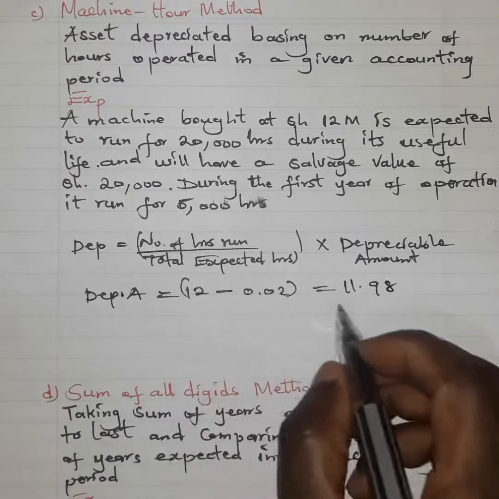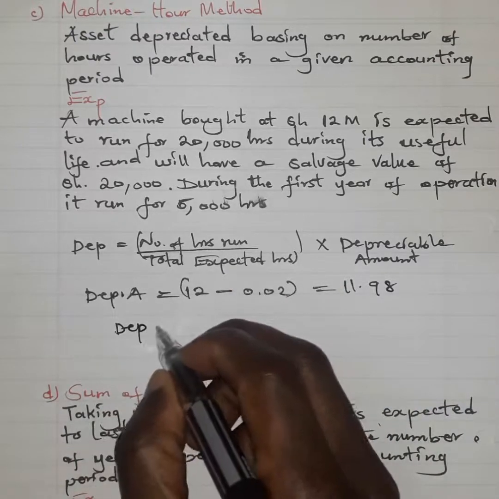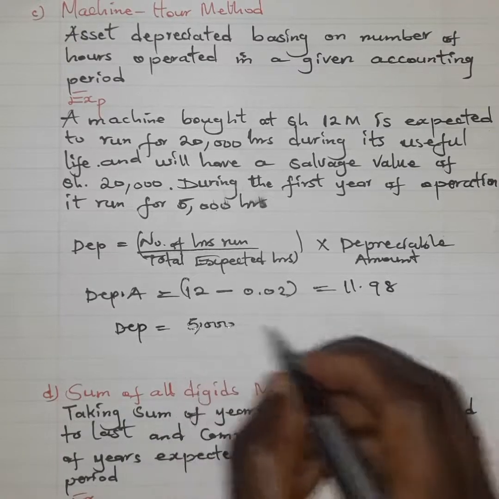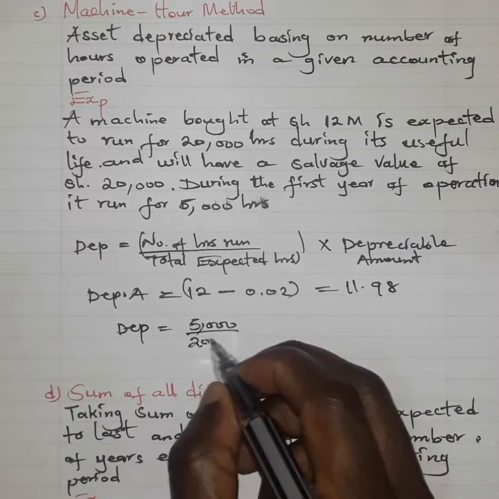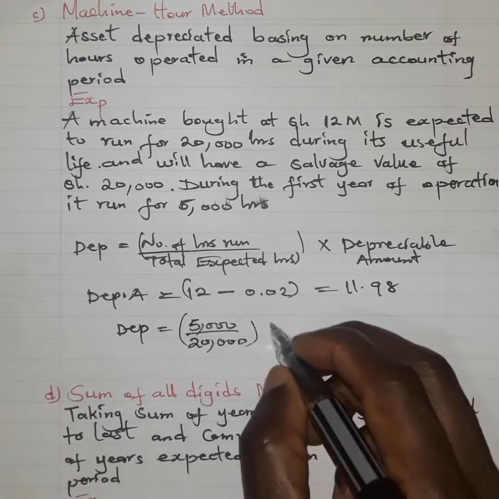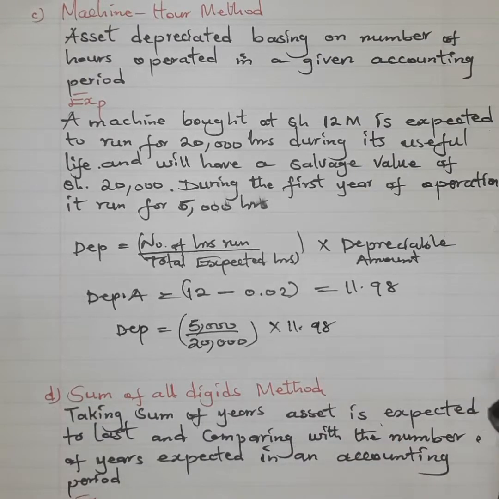Now, if we subject all this to the formula, we are going to have depreciation as 5,000 divided by 20,000, what was expected, times 11.98.